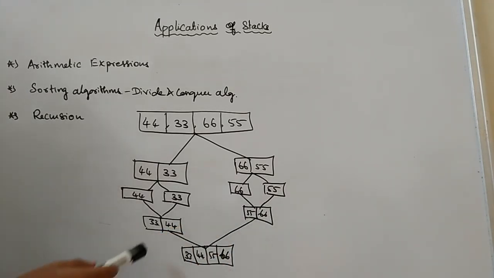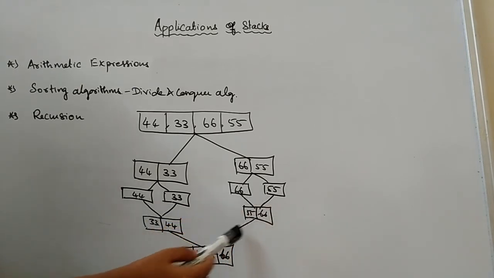Then what I am going to do here is combine these two subsets by sorting the elements in each subset. In each subset, all the elements are already sorted, but while combining I should compare these elements.